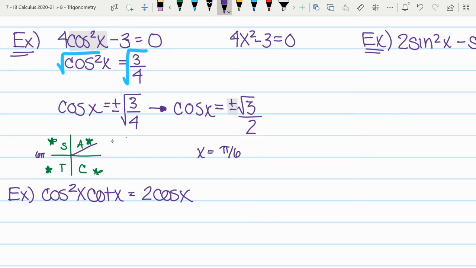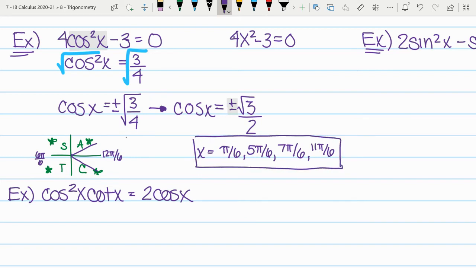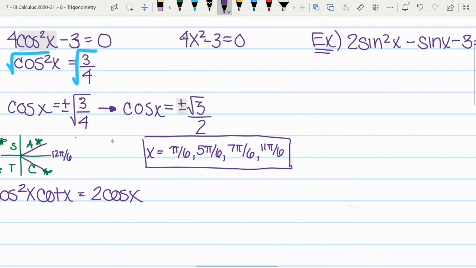So I have to get the ones in quadrants 2 and 3. That will be 5 pi over 6 in quadrant 2, and then 7 pi over 6 in quadrant 3. Last but not least, I need the last spot where cosine is positive. That's in quadrant 4, one increment away from 12 pi over 6, so my final answer will be 11 pi over 6, and I've got, wow, 4 fun answers. I probably should have said this in the beginning: we're solving between 0 and 2 pi for our domain.